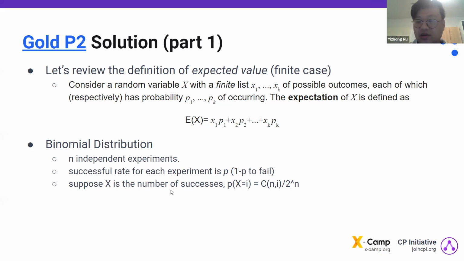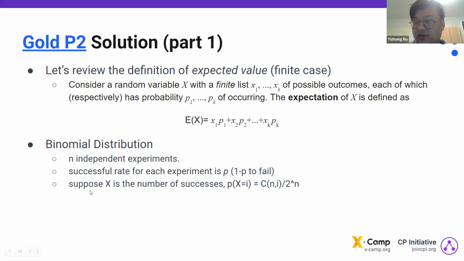For each test case, the successful rate is p. In this problem, p is 0.5, so the successful rate for each is 0.5, and also 0.5 to fail.